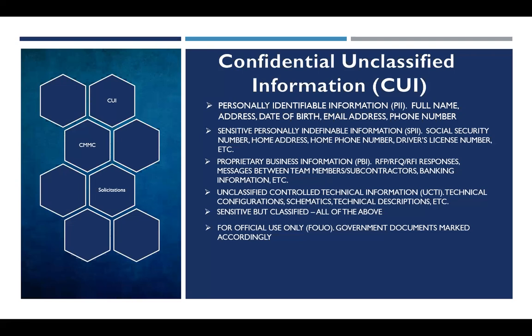So as you can see here, CUI is a very broad brush as defined by the Department of Defense. So this could be anything from any type of personally identifiable information, all the way down to the response and tracking of your response to a solicitation or bid.